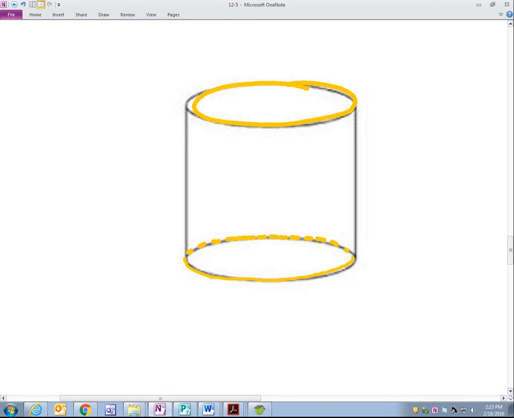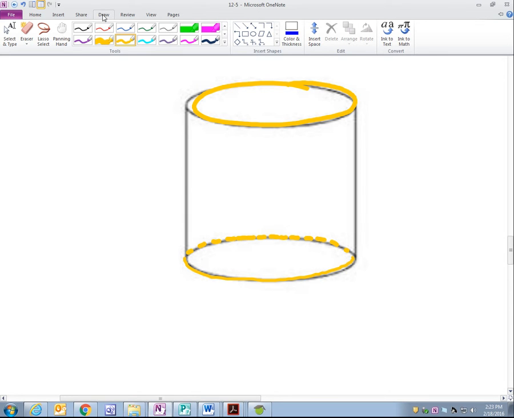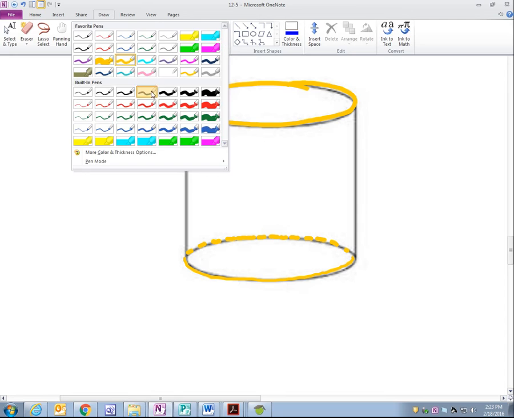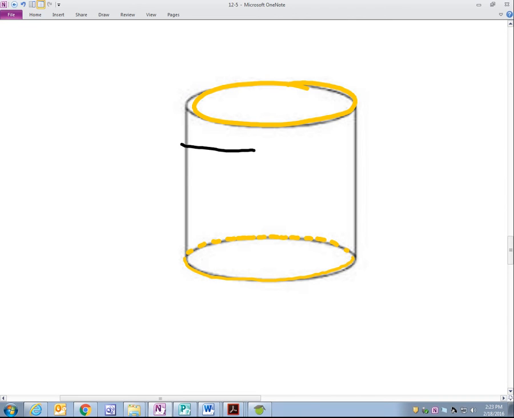It's like a vertice edge, and then we have a vertice edge, and that wraps around it.